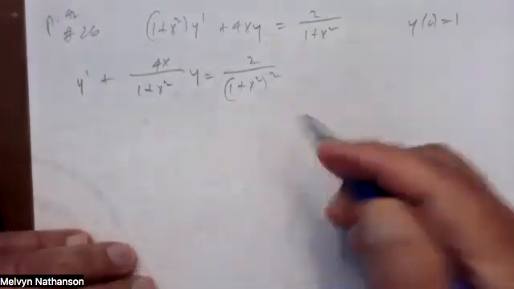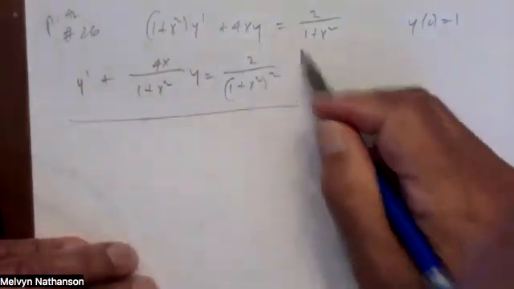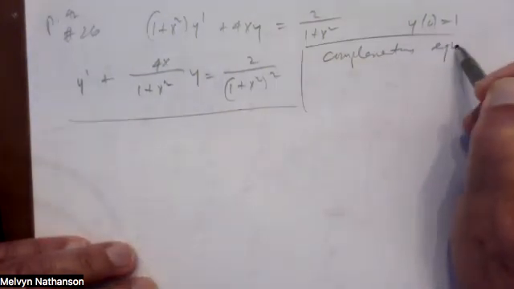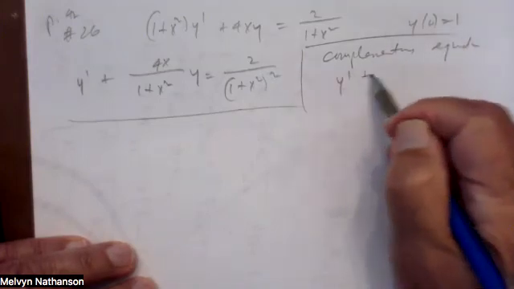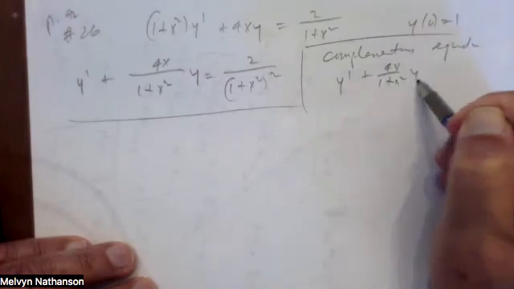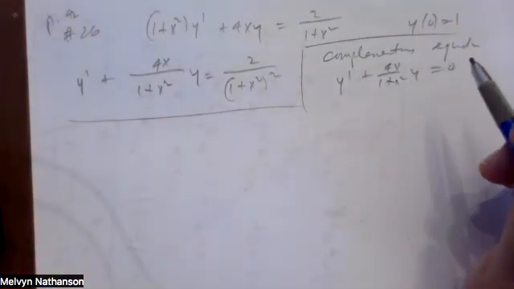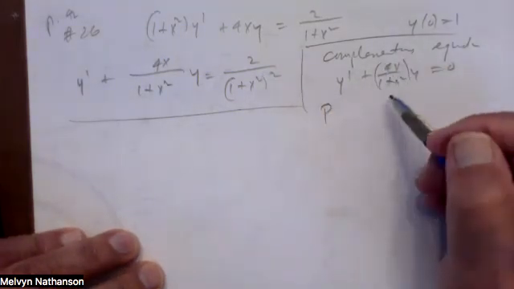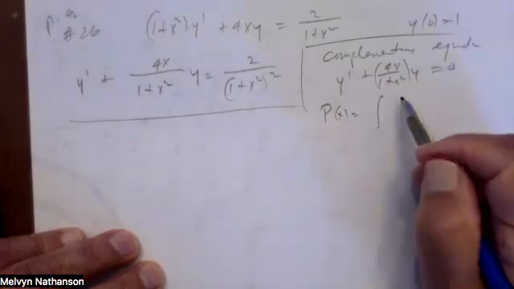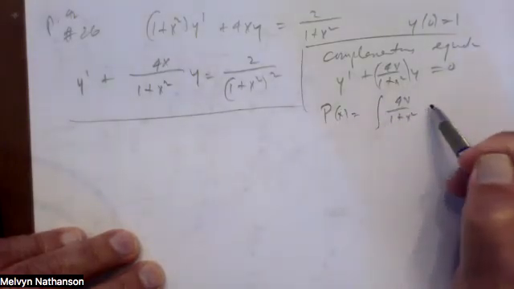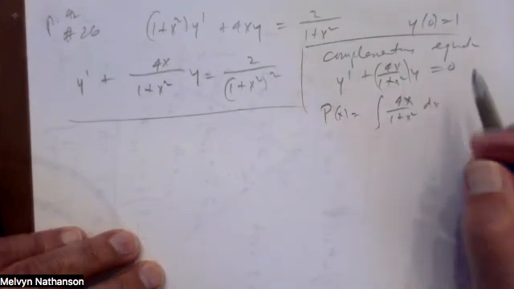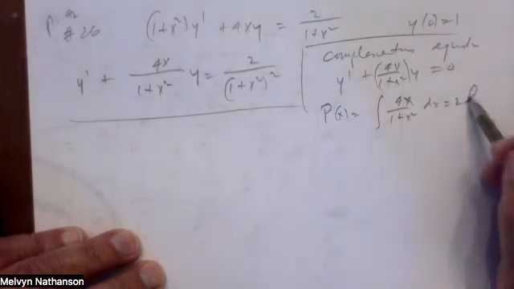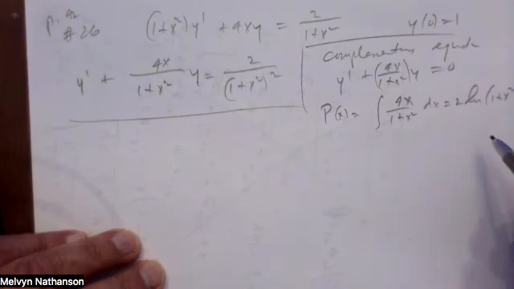And the complementary equation is y prime plus 4x over 1 plus x squared times y equals 0. So this is my function p of x. Capital P of x is the integral of 4x over 1 plus x squared dx, and this is, I believe, 2 times the log of 1 plus x squared.